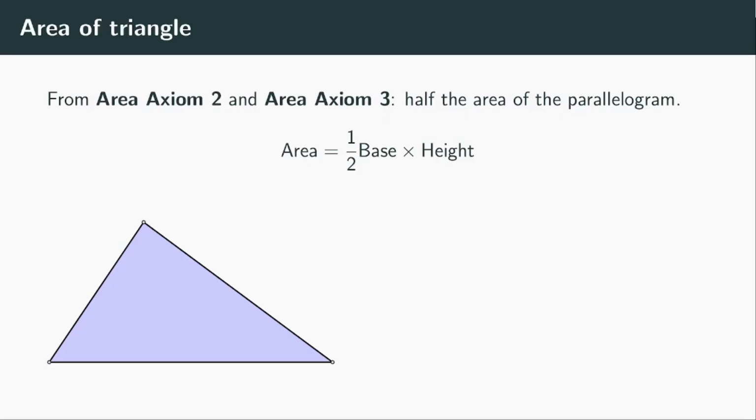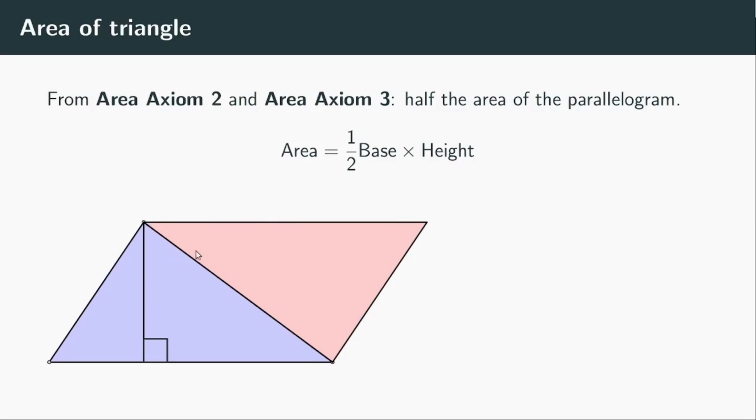Okay, let's think about a triangle. So the trick here is we're going to do something to get a parallelogram out of it. And the idea is I just double my triangle, right? So I have here my light purple triangle, and I double it just by basically flipping over like so.